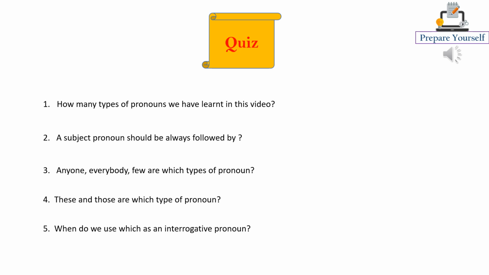Number 3. Anyone, everyone, few are which type of pronoun? They are indefinite type of pronoun. These and those are which type of pronoun? They are demonstrative pronoun.